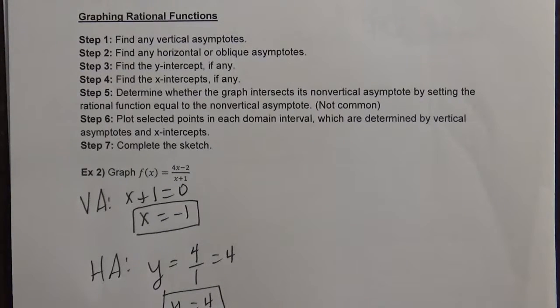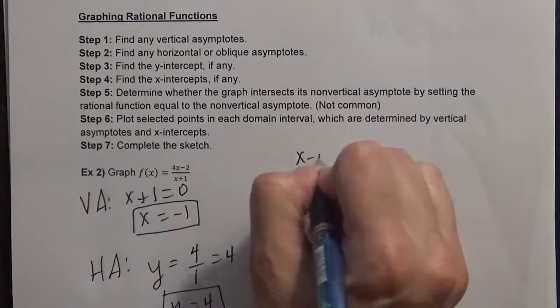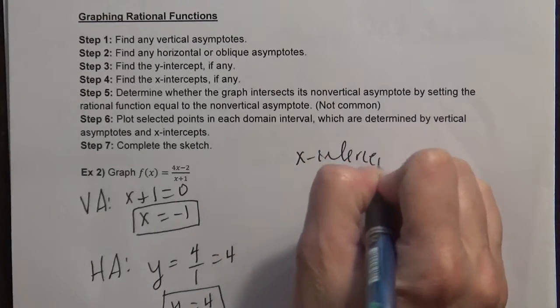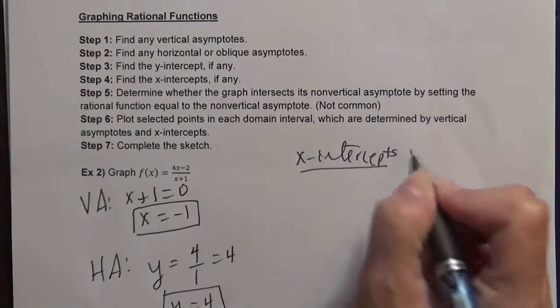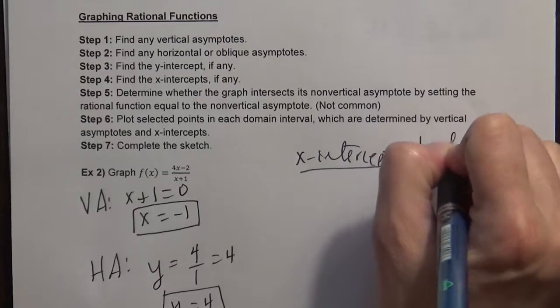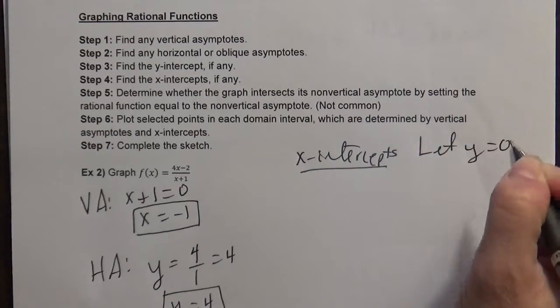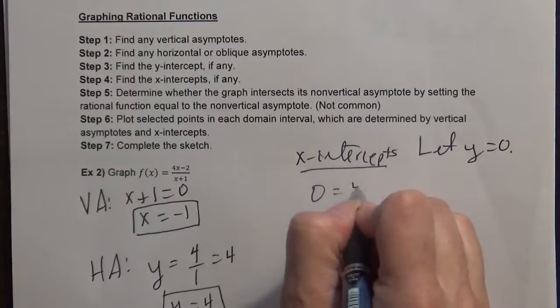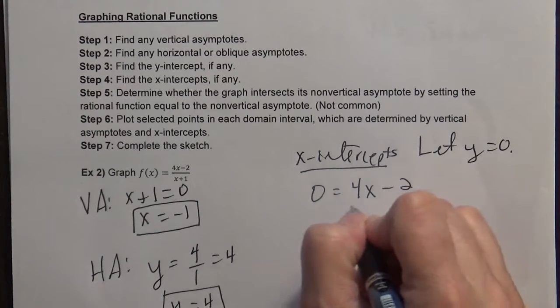Now let's determine our intercepts. Let's look for x-intercepts. You find x-intercepts the same way that we've done all the previous problems in the past. Let y equal 0. So you're going to have 0 equals 4x minus 2 over x plus 1.